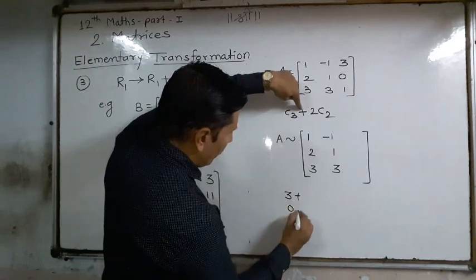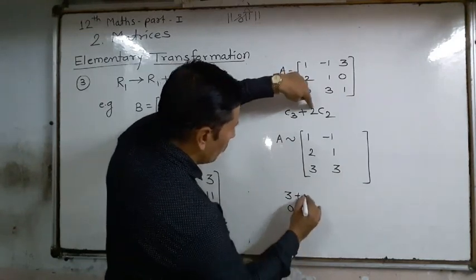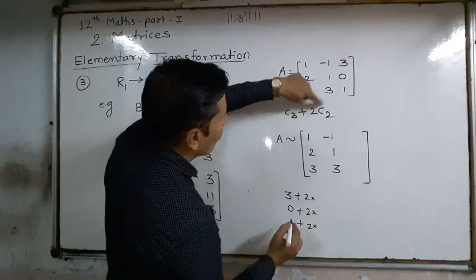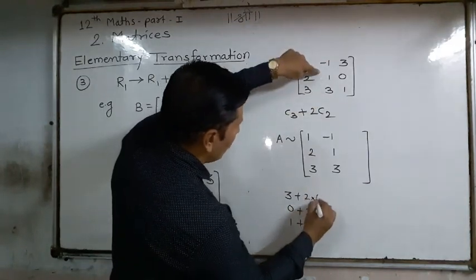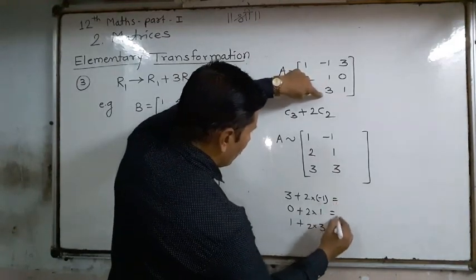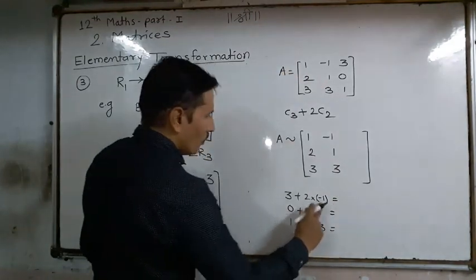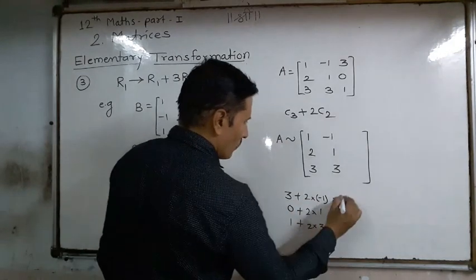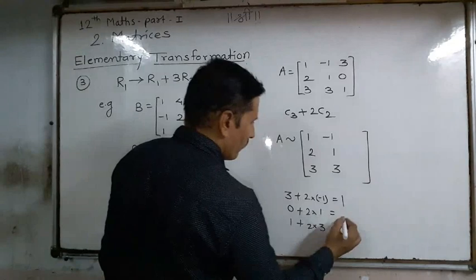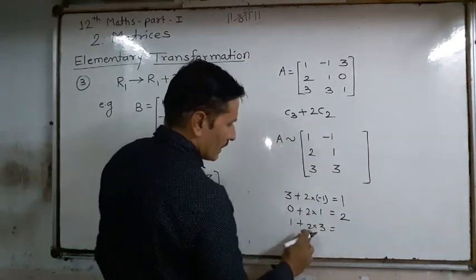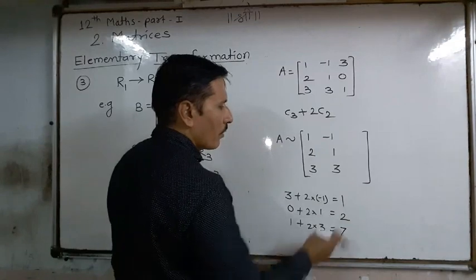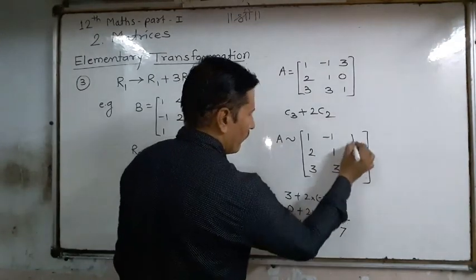Here is the plus sign, plus 2 into the elements of C2. The elements of C2 are minus 1, 1, 3. So what is the answer? 2 1 is 2, minus 2, 3 minus 2, 1. 2 1 is 2 plus 0, 2. 2 3 is 6 plus 1, 7. That means the elements of the third column are 1, 2, 7.